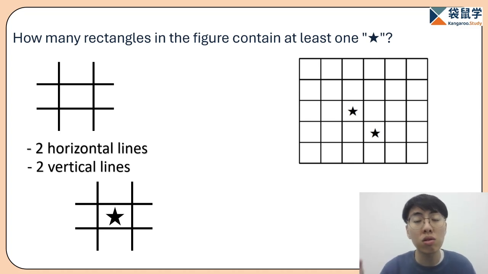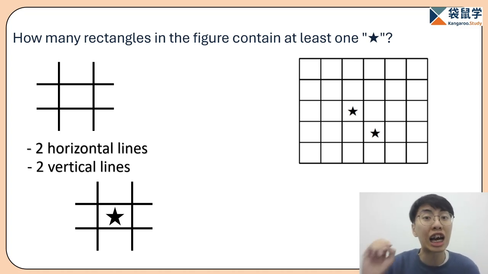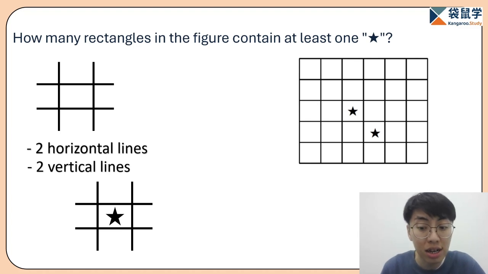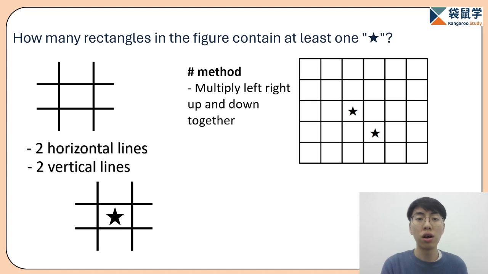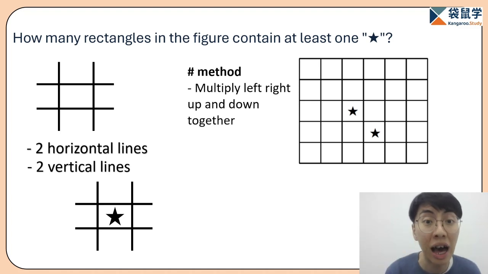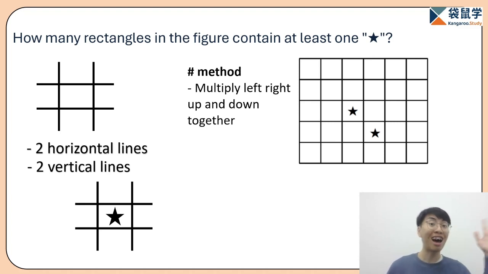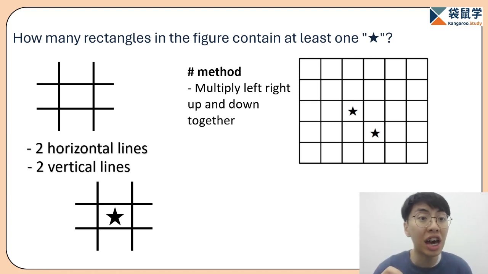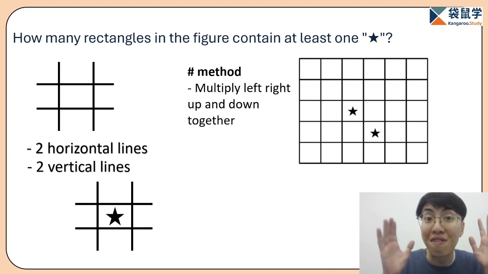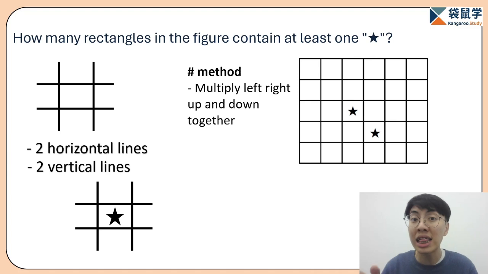And that is how we get a rectangle that contains that object. So essentially, what we have is the hashtag method, where this method requires us to multiply the left with the right at the top and the bottom all together to get the number of rectangles that contain at least one of that object.